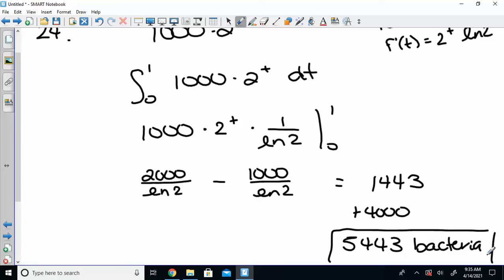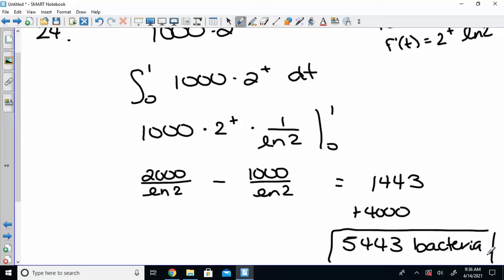So if I give you the marginal cost, marginal cost is how the cost is changing, so the antiderivative would give you the actual change in cost. If I give you population growth, the antiderivative is the amount the population has changed. I always put some multiple choice questions on there, so you could probably expect one multiple choice question: do you understand what an antiderivative does? It goes from a rate back to an amount.